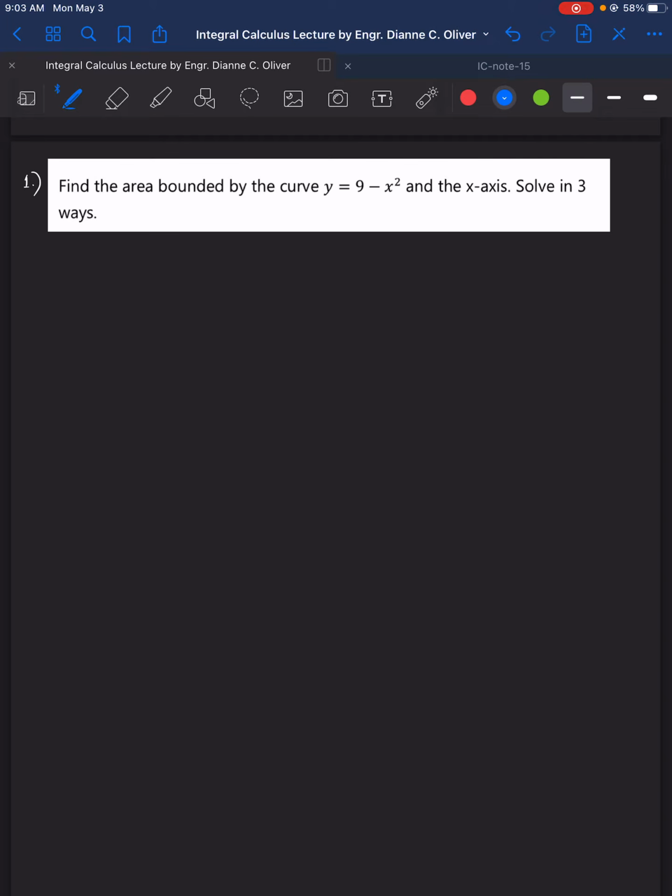Now, if you notice, there is no graph here, so meaning we need to sketch the graph first. If you recall how to sketch a graph, let's just draw here.